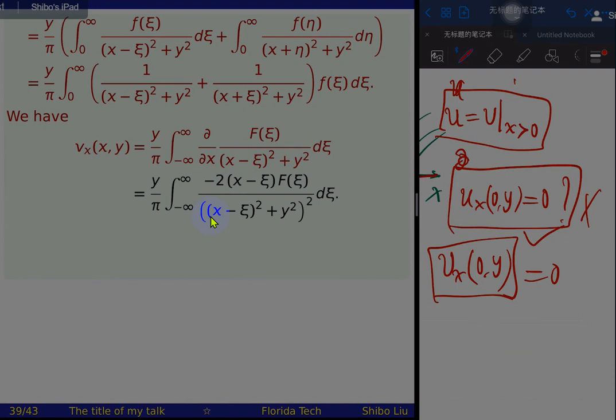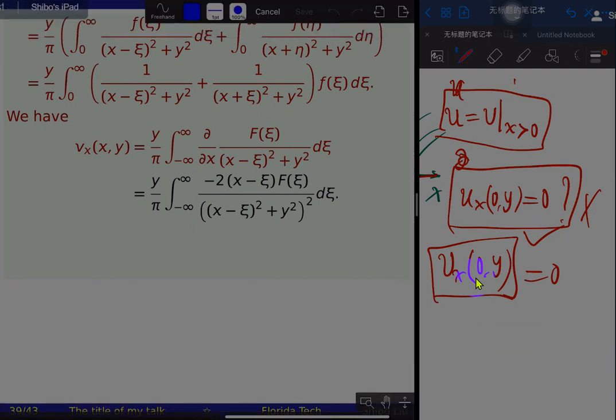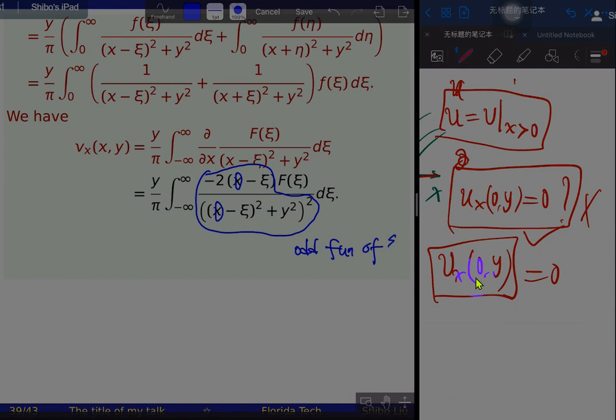So from this, what can we say? What we want to check is whether this is 0 when x is 0. Now, when x is 0, you see that this part is an odd function of xi. The variable is xi. This is odd because the downstairs term is even, there is a square here, and the upstairs term is obviously odd.